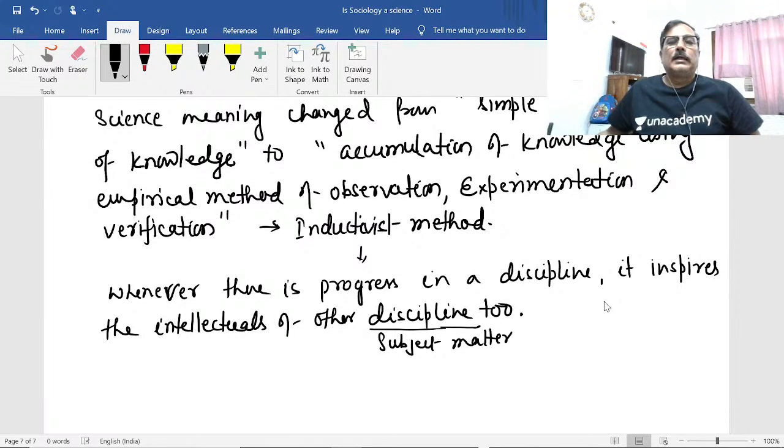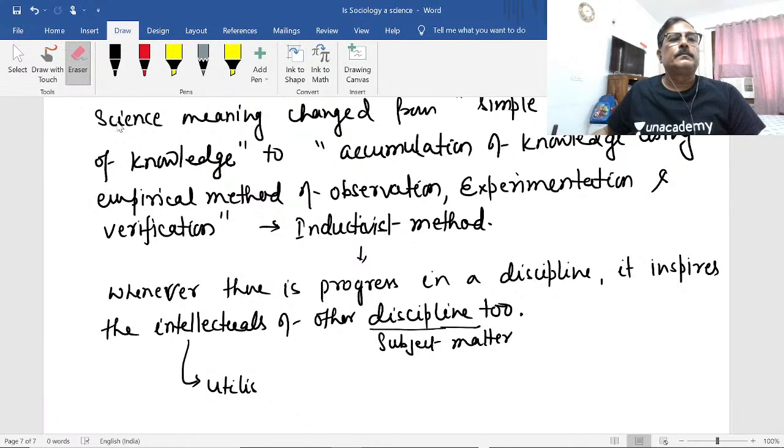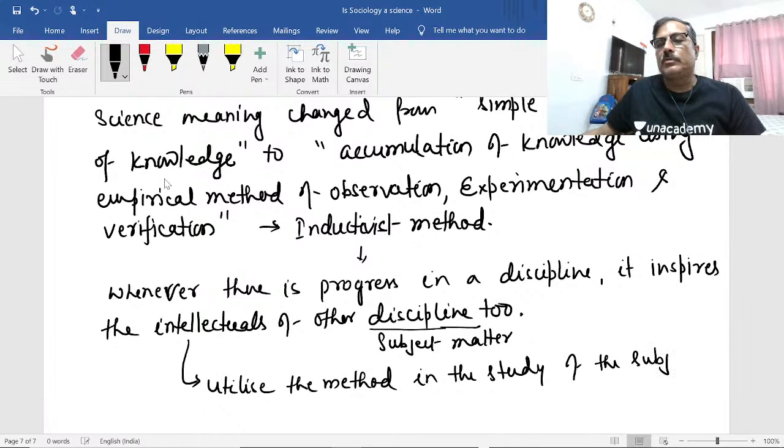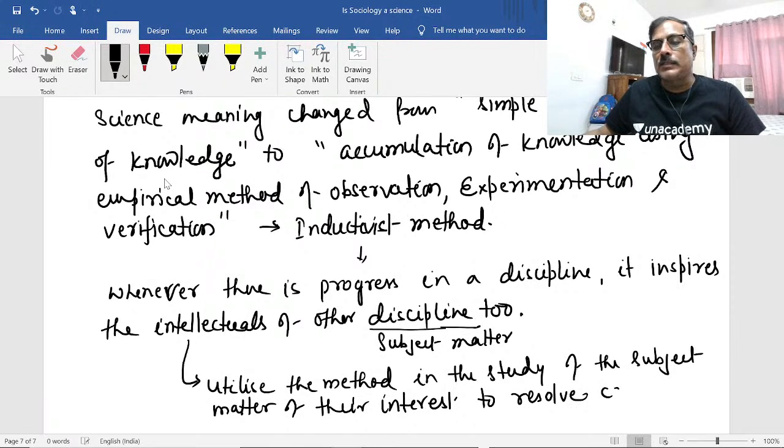And intellectuals, what they do is try to utilize the method in the study of the subject matter of their interest, to resolve crisis faced, if any.